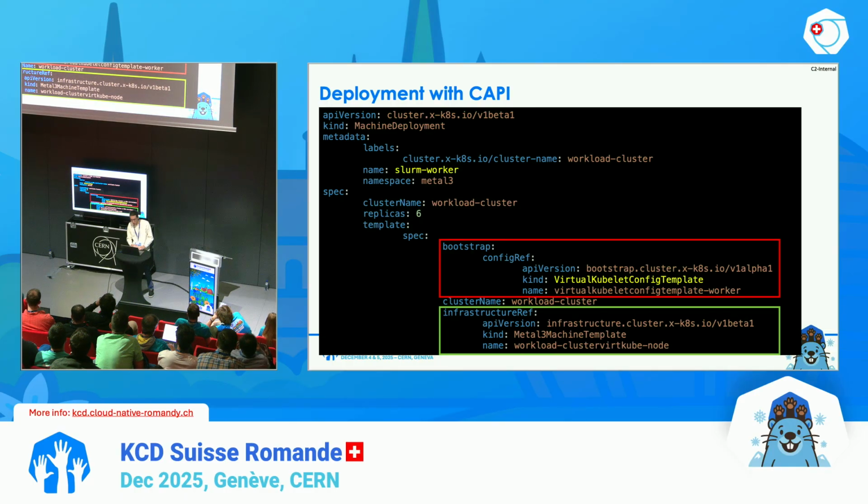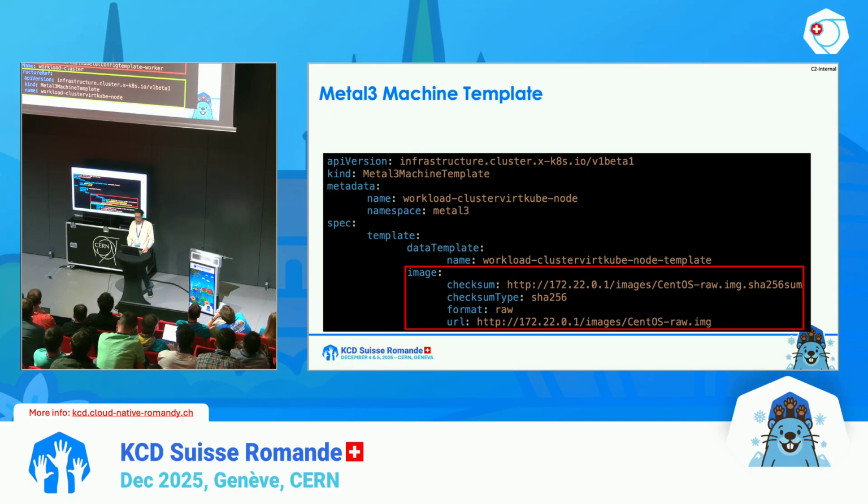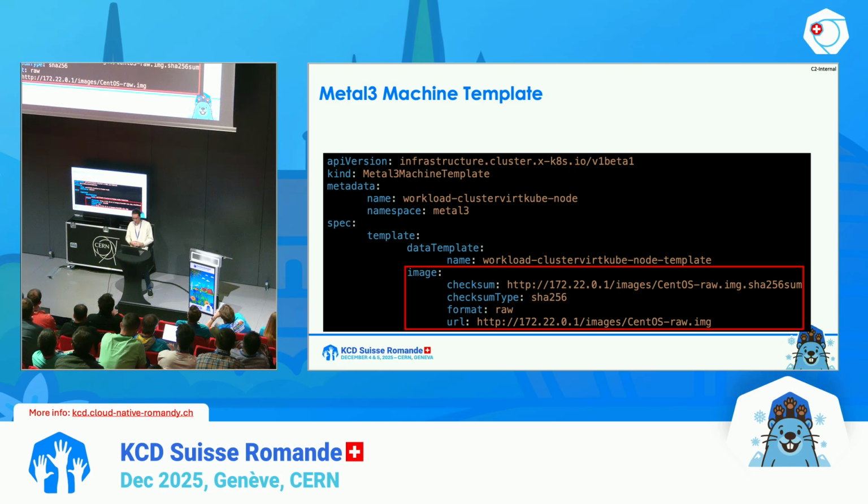In this case, we use the Virtual Kubelet config template in order to configure the node and make it visible inside the cluster. Before going into the details of the Virtual Kubelet config template, let's analyze the Metal3 machine template, which is common to both the Kubernetes and the Slurm cluster. As you can see, in the Metal3 machine template, there is only a little information needed, about the operating system.